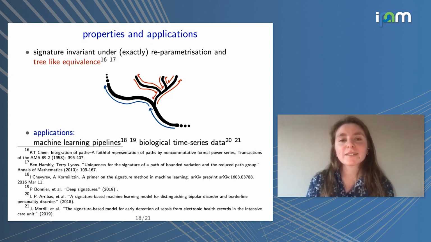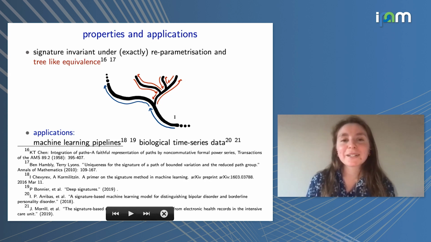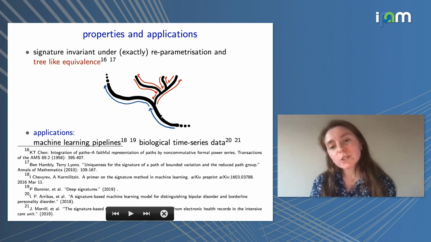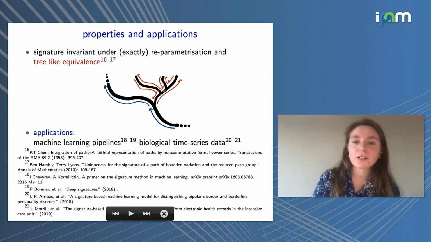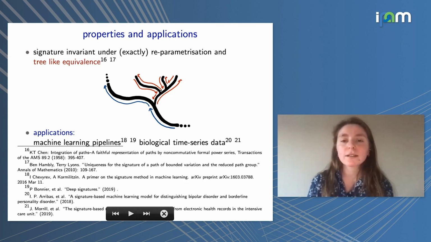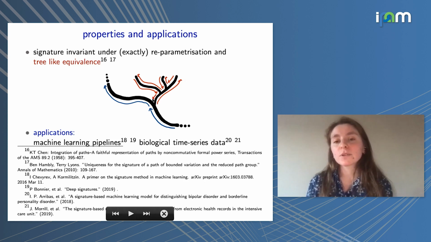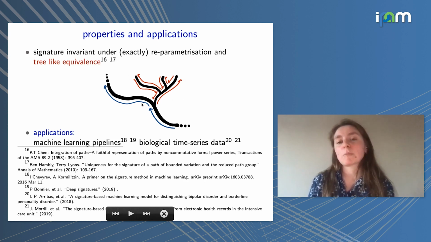And here's a picture of two tree-like equivalent paths. So we have our original path, which is this blue one here. Then we have this extra piece sticking out where we go out and then we exactly backtrack and we go out again and backtrack and so on. So the signature won't be able to detect this piece here.